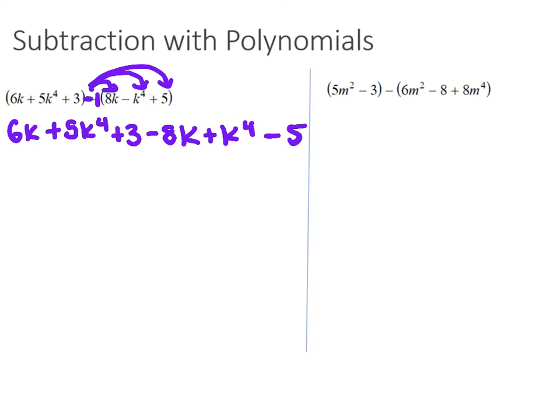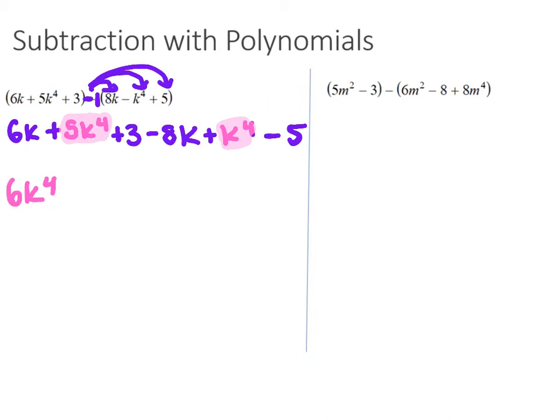So the highest power exponent we have is k to the fourth. So we can combine the 5k to the fourth and the k to the fourth to become 6k to the fourth.